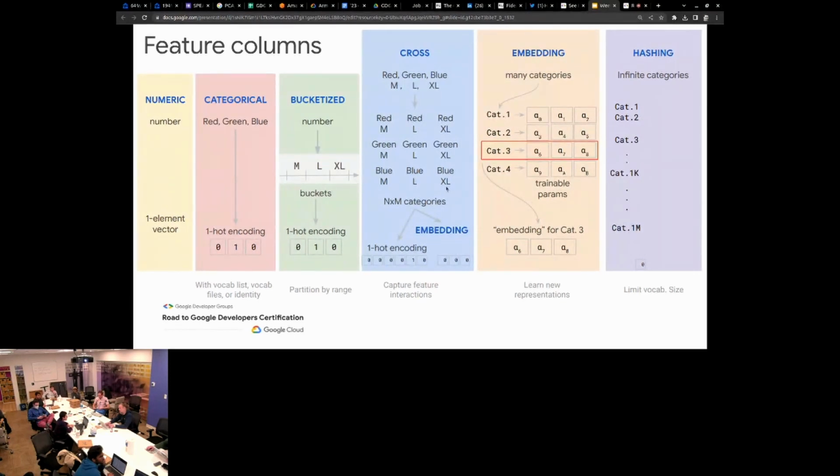Okay, and finally, the hashing. Hashing comes in handy when you do not know how large a vocabulary you want to have, and new information might come. So instead of building this vector and giving each of these vocabulary items a space, you are going to, quote unquote, make a fingerprint for each of those values and categorize them based on the hash value of those fingerprints.